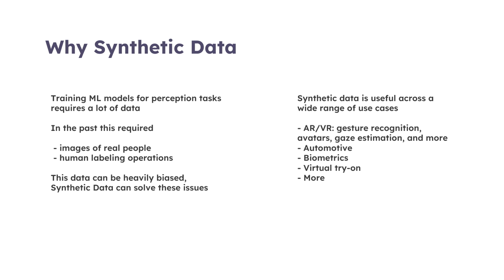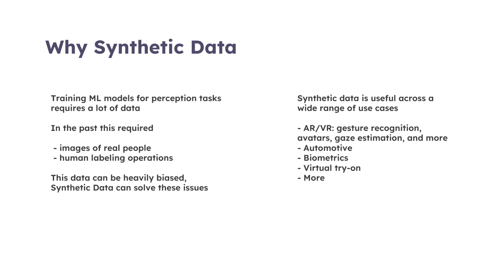So for those not familiar with synthetic data, it's a relatively nascent field. We are essentially creating training data for ML models that is representative of real-world data, but is in fact synthetic. Typically, data operations require images of real people and large-scale labeling operations where people hand-label images. Bias is inherent in a lot of those training sets.